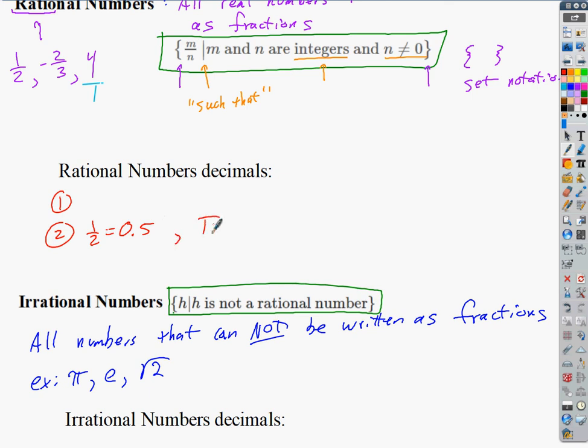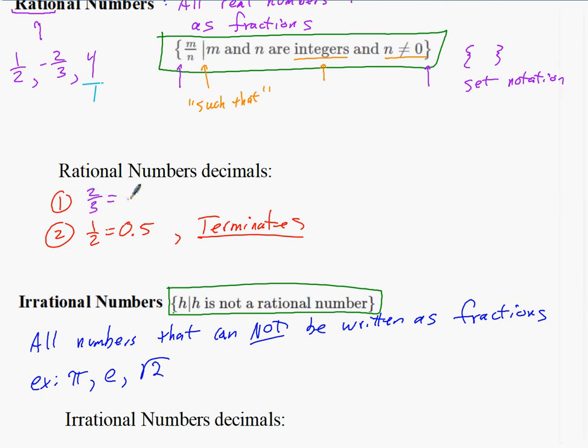Yeah. Okay, so either the decimal terminates, where it's just done. It stops and it doesn't need to go on any further. Or what's the other thing that could happen? Like, for example, if I did 2/3, that's 0.66666 on forever, right?